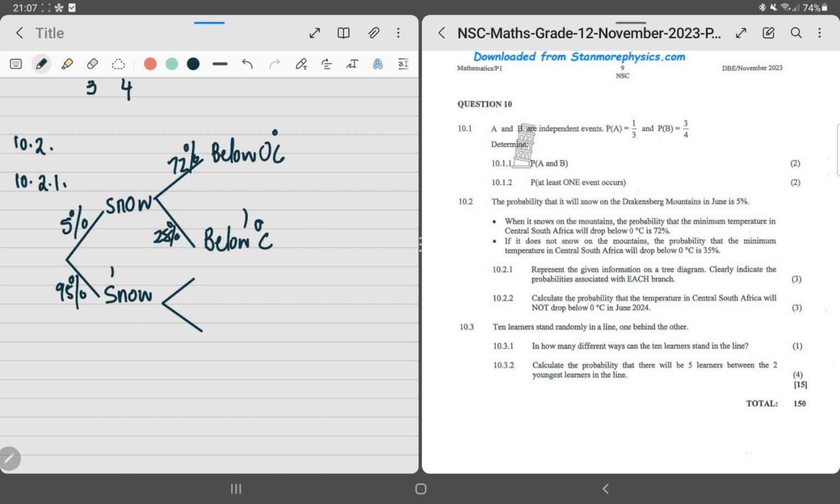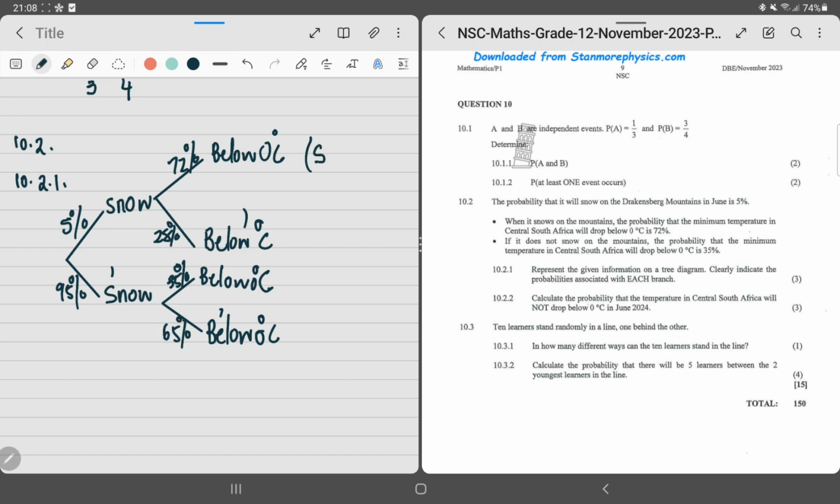If it does not snow on the mountains, the probability that the minimum temperature will drop below 0 degrees Celsius should be equal to 35%. And the probability that it does not drop below 0 should be 65%.